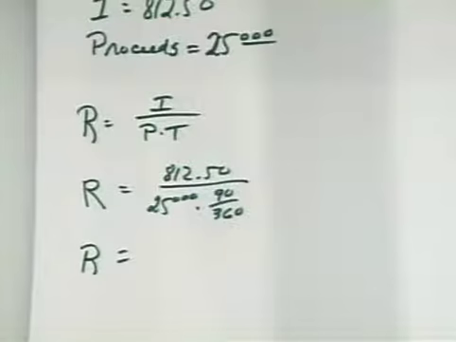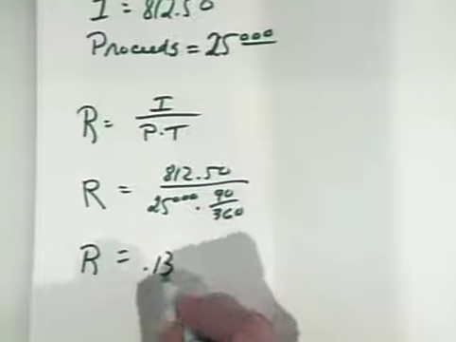What'd you get? 13%? How many decimal places did you go? That's the farthest out it'll go. It's 0.13.